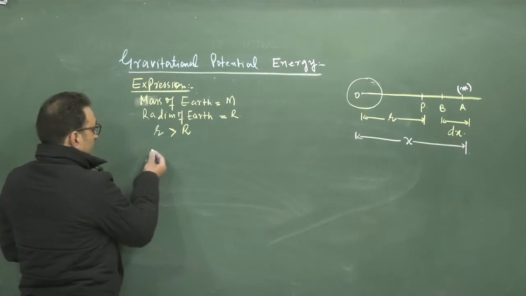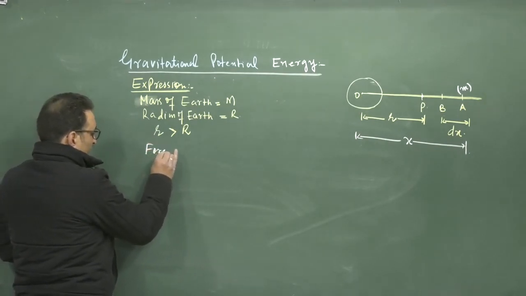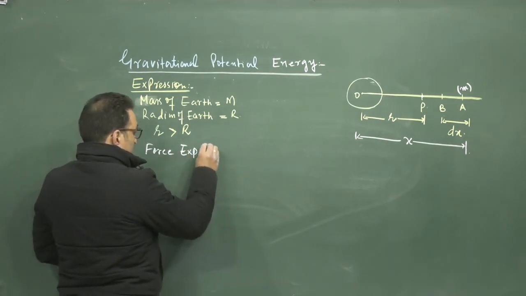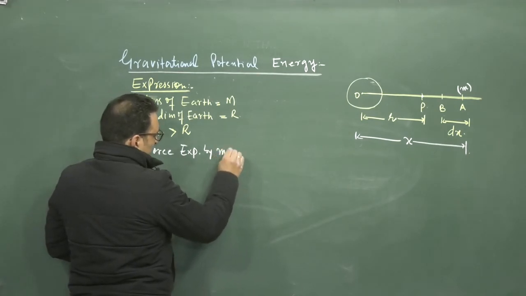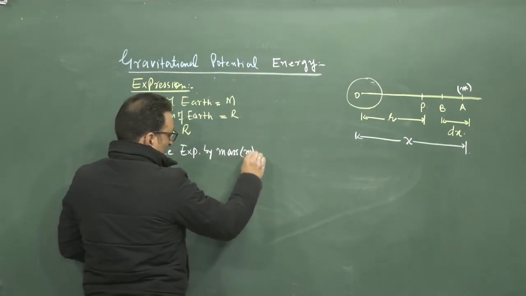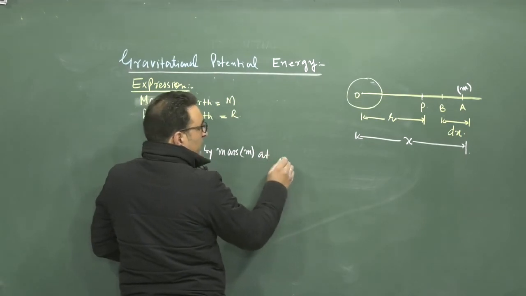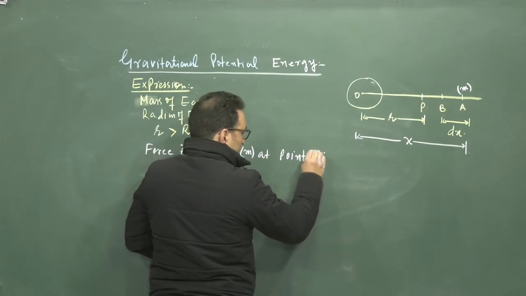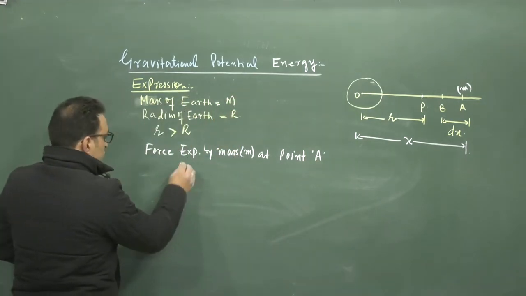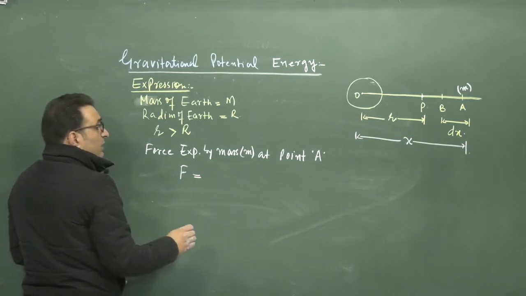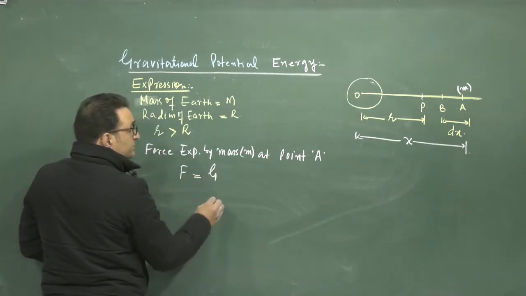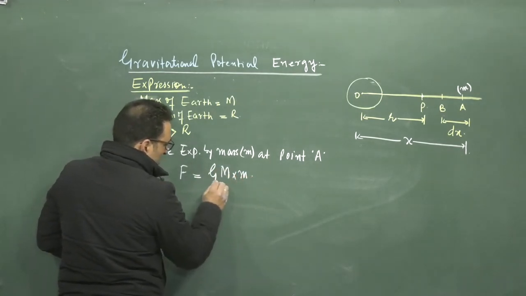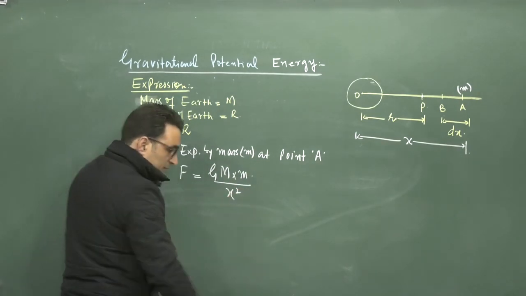Now let me write force experienced by mass m at point A. That force is given by the gravitation law F equals G, mass of Earth into mass of the body divided by x square.